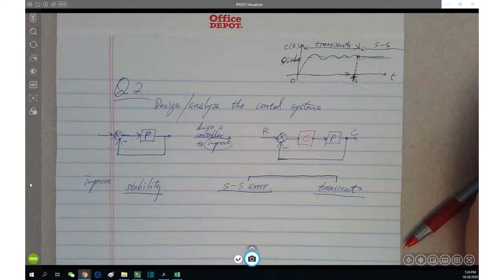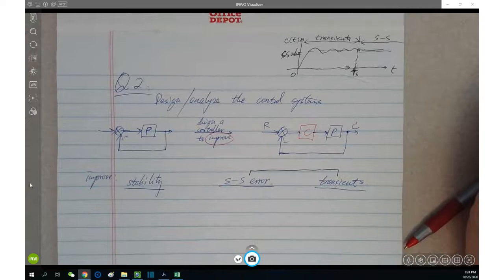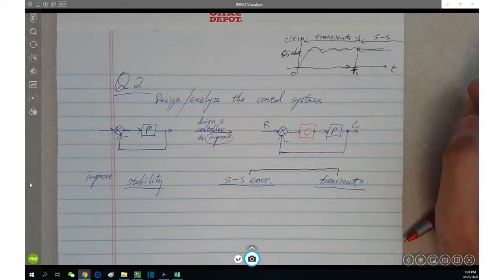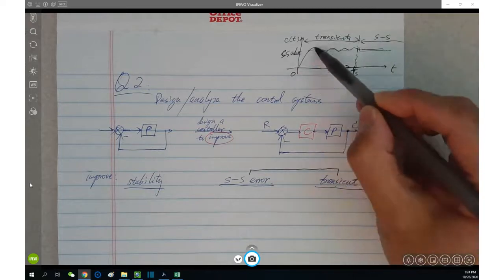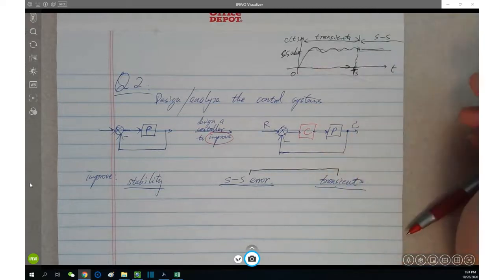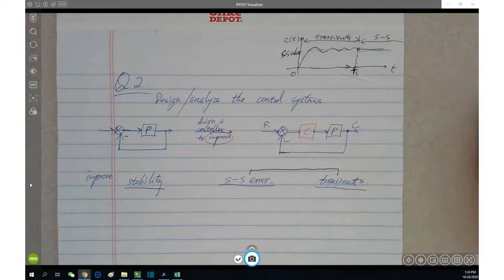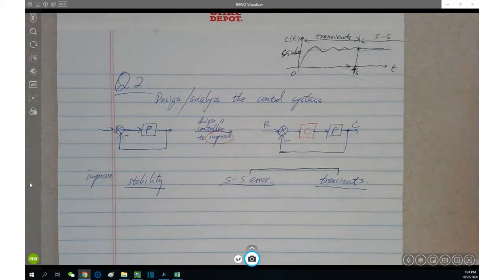This means you are reaching and staying at whatever I want the output to be. Perfect. And you also need to take care of the transient. Transient means how you reach that value. How much overshoot, how much rising time, how much settling time you spend. All of these matter for the transient.